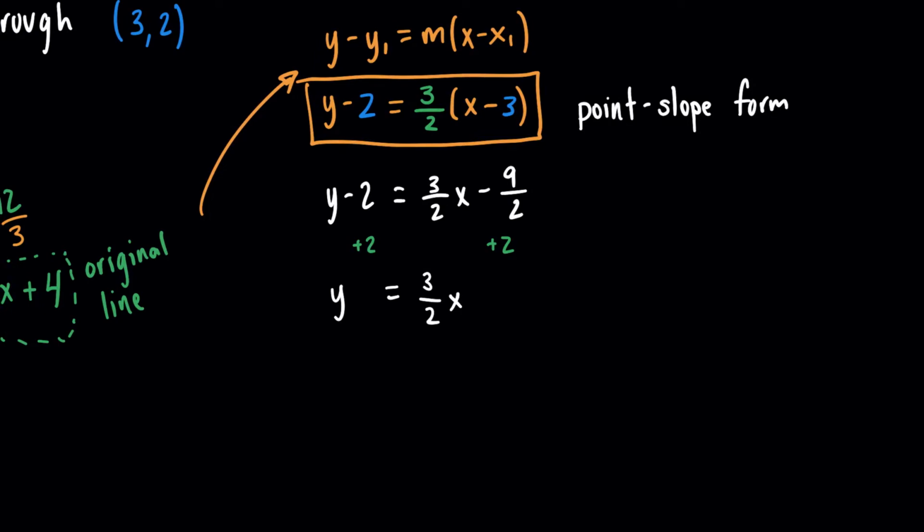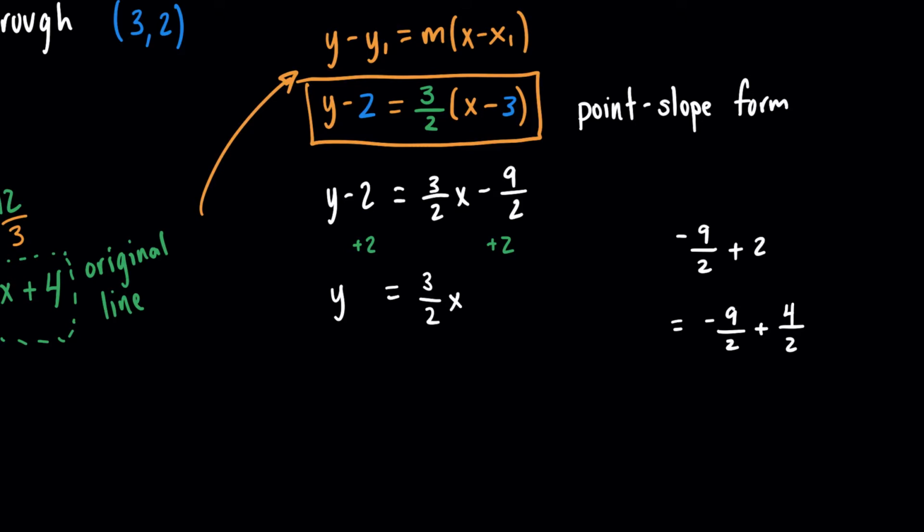I'm going to actually work that out over here. So negative 9/2 plus 2 is the same thing as negative 9/2 plus, I'm going to rewrite 2 as something over 2. Okay, so what would I have to put on the numerator to make this fraction here equivalent to 2? I'd have to put a 4 on top there.